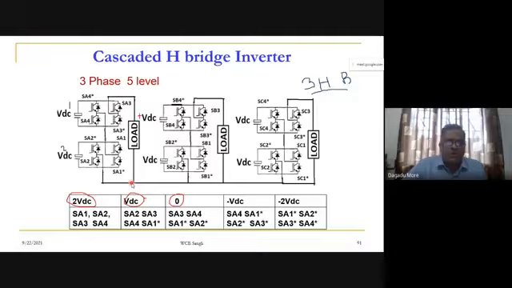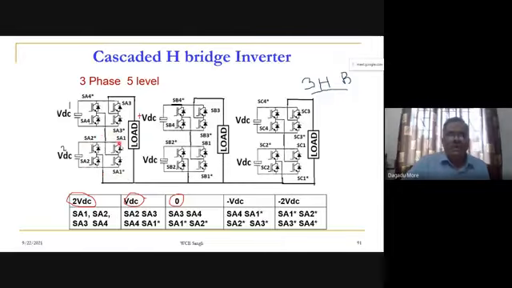Now here we have shown the switchings. We give specific names here: SA1, SA2, SA3, SA4. We give the same names as in the diode clamped multi-level inverter, because our intention is that the same control technique can be used for the cascaded H bridge.